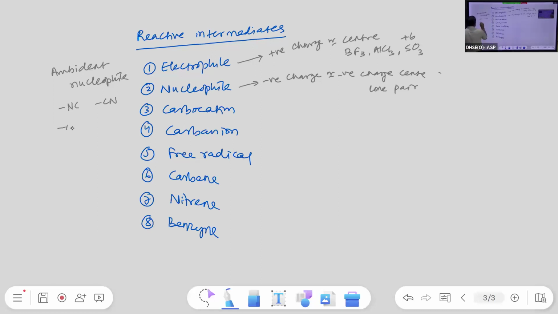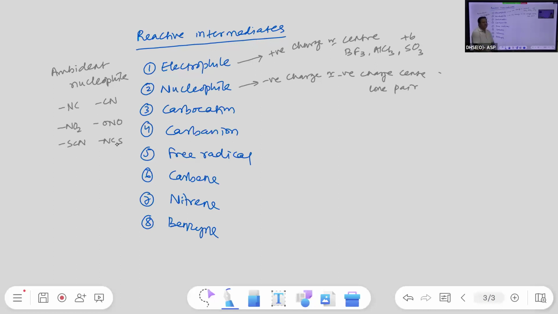NO2, ONO. Negative charge can reside with nitrogen or oxygen. Okay. SCN, NCS. These are the ambident nucleophiles. Means there is ambiguity.